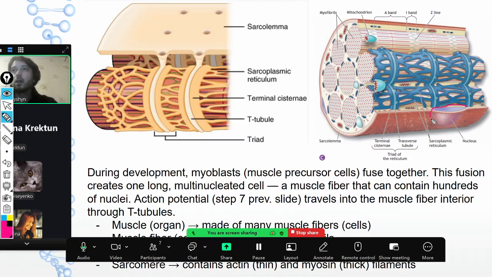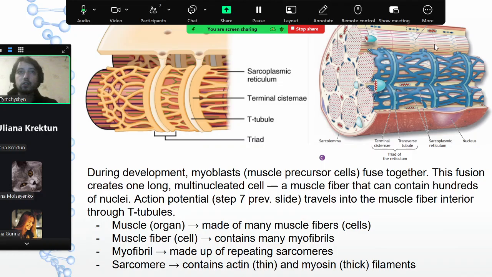Here is the nucleus, one of the nuclei in the syncytium, and here you see all the different myofibrils and bands and Z lines. So we will get to all those molecular details in a little bit.